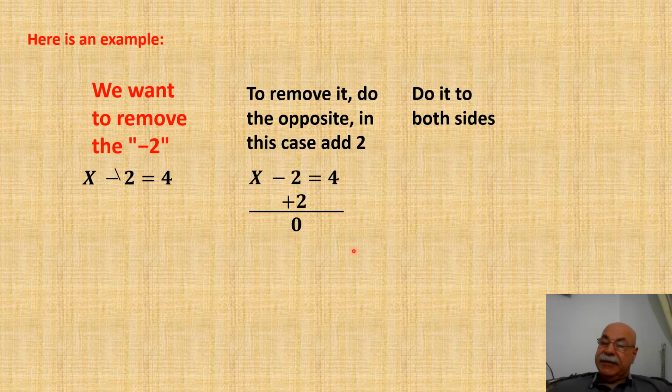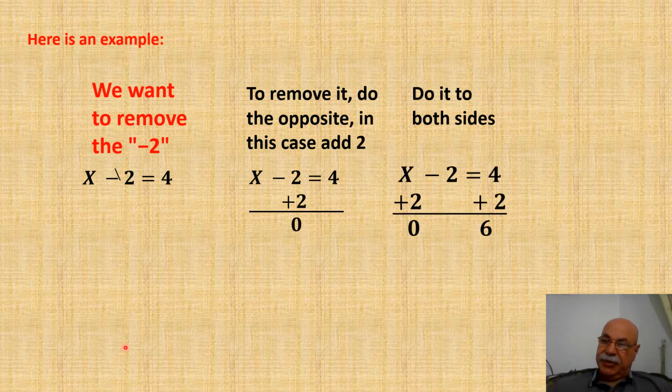Do it on both sides. You see here x minus 2 plus 2 should be here in order to get 0, not x, and 4 plus 2 becomes 6.